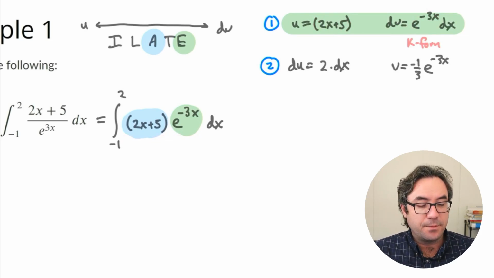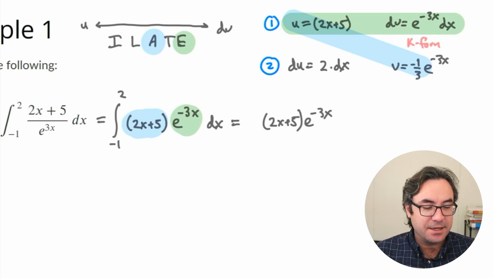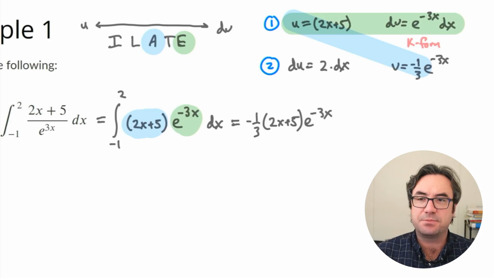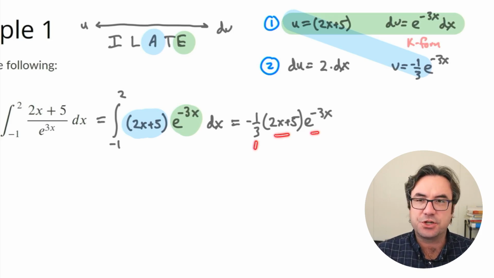To apply the formula, we multiply down the diagonal, so u times v. So we're going to get 2x plus 5 times e to the negative 3x, and I'm going to take this negative 1/3 and put it in front of the 2x plus 5. It's helpful if you rearrange the terms as you go.